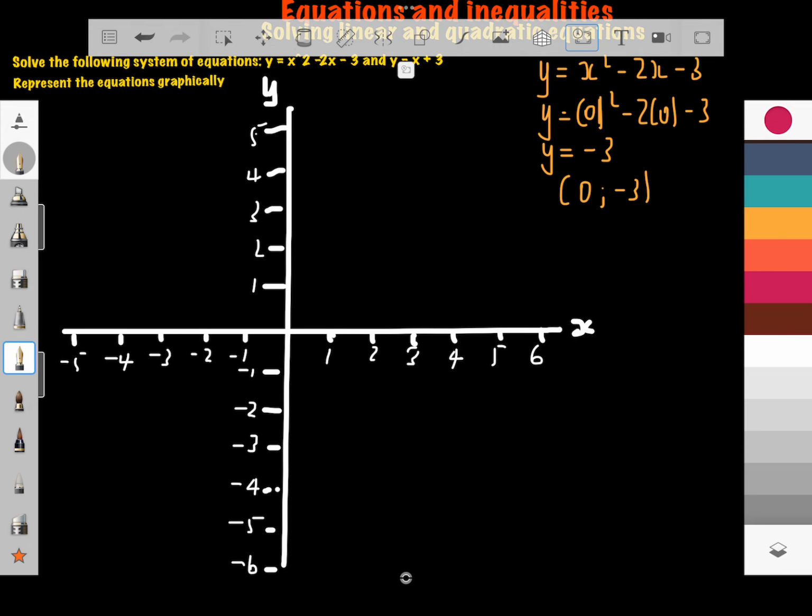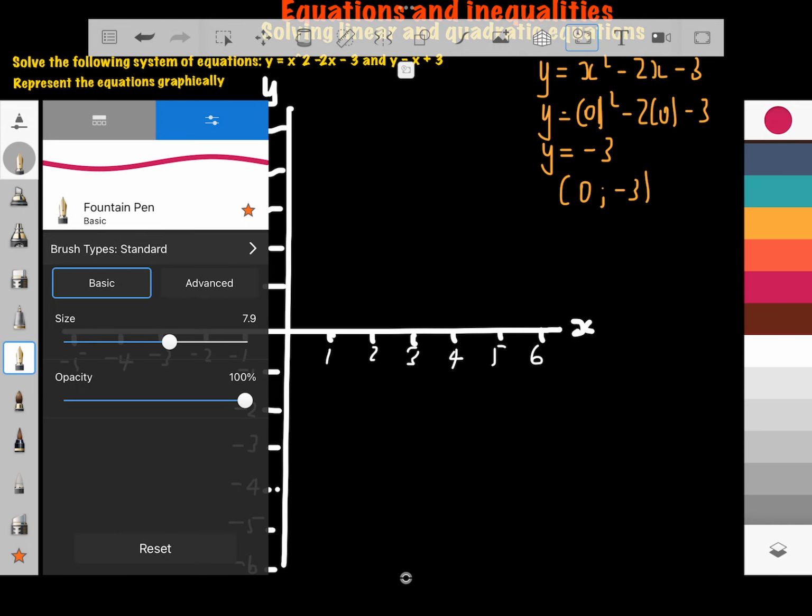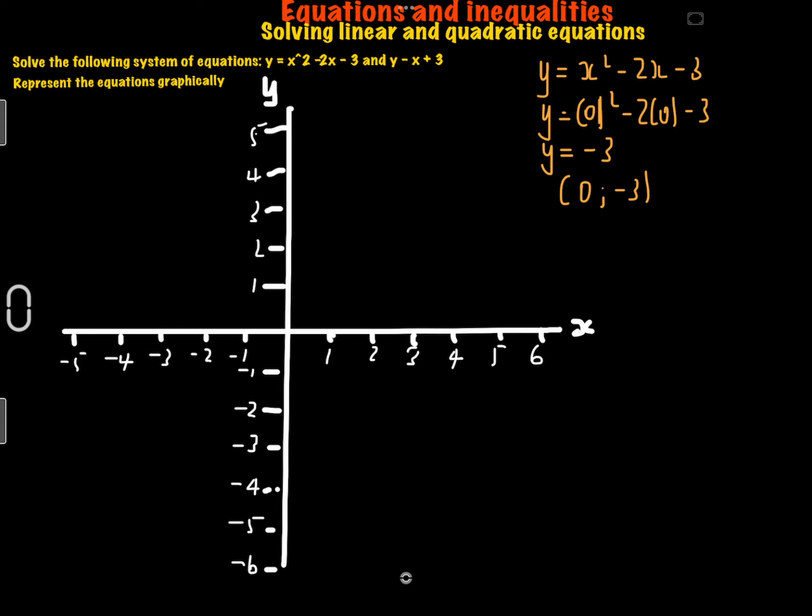So I'm going to start by indicating that point on the Cartesian plane. When x = 0, y = -3, that's the point there.